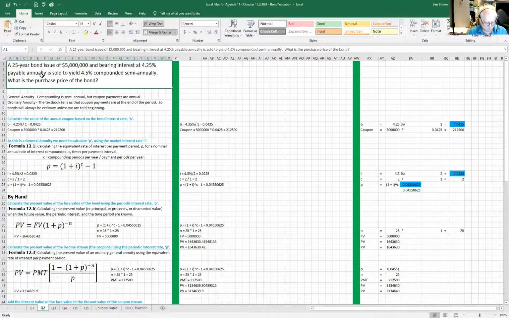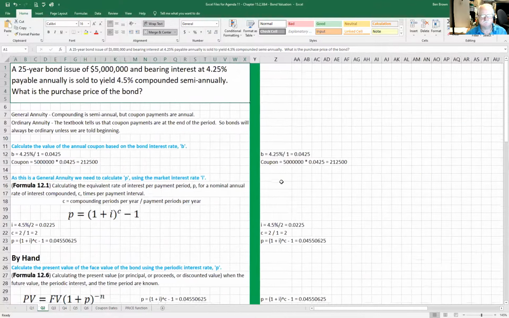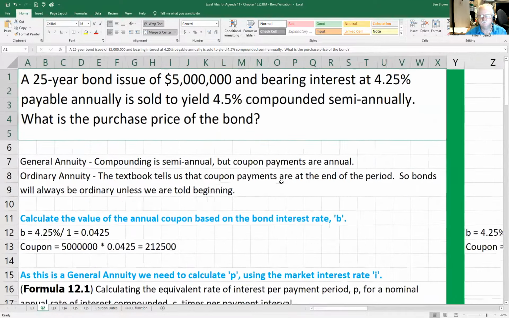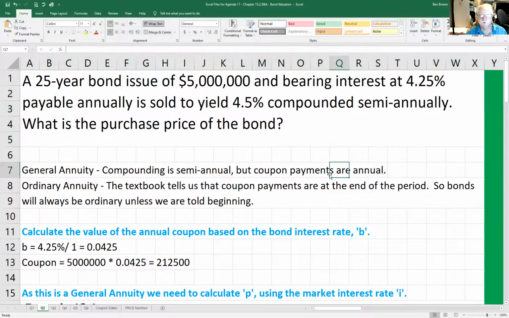Let's see what else they can do to us here. So a 25-year bond issue of $5 million bearing interest at 4.25%. So that's the bond rate, payable annually, is sold to yield 4.5%, compounded semi-annually.